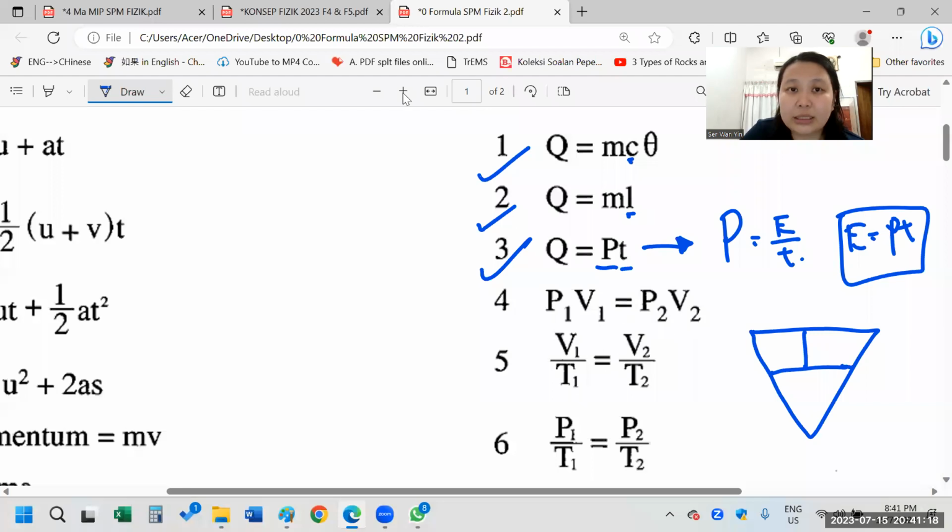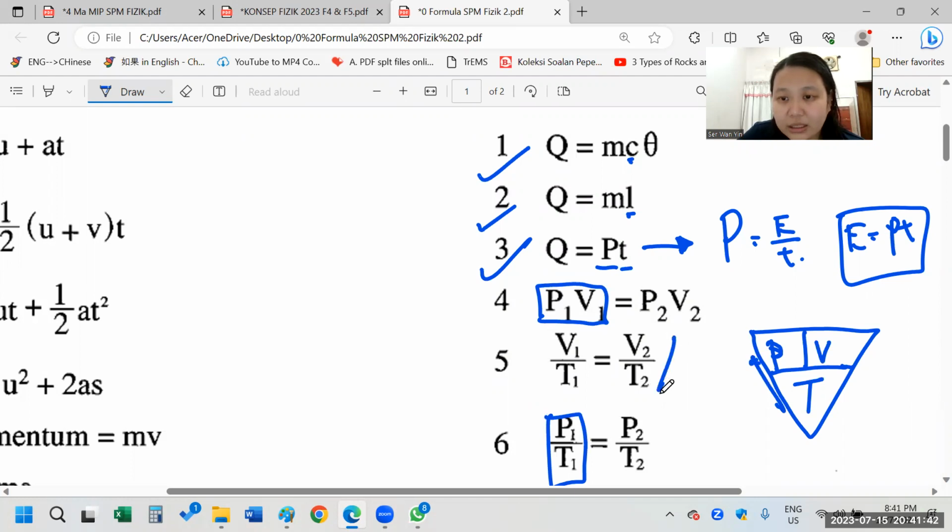PV over T. Yes, Brayden. Actually it's here. PV, same line. PT, up, down. VT, up, down.